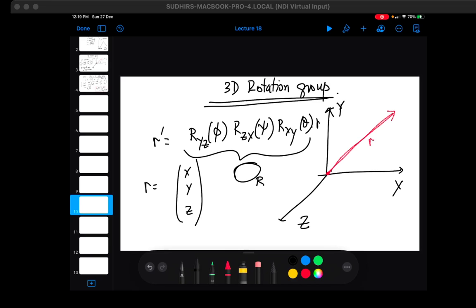Which preserves the length of the vector, and that's the reason why it ends up being an orthogonal group. It's also a symmetry group.